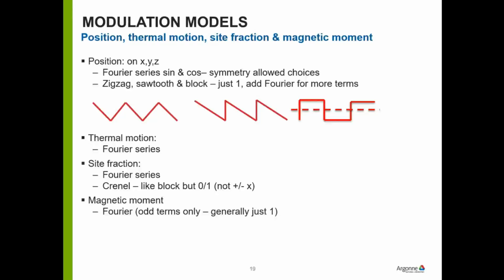They just go like that without doing this kind of thing. And so the positions can do that. The temperature factors are restricted to basically Fourier series. I'll speed it up. Anyway, you can see this.